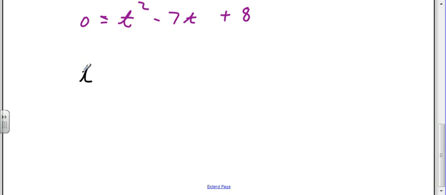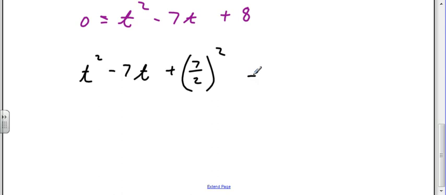So I got t squared minus 7t plus (7 over 2) squared is equal to minus 8 plus (7 over 2) squared.